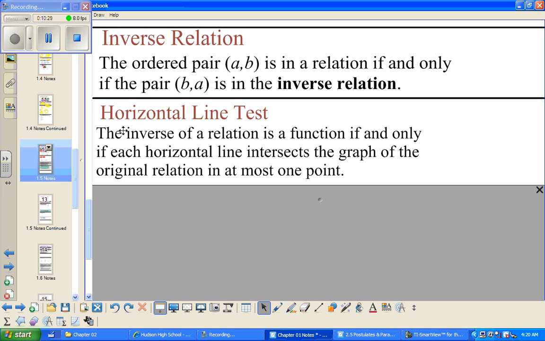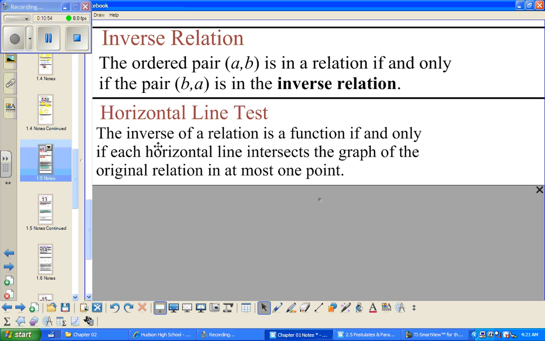So we now have what's called a horizontal line test. Remember, we had the vertical line test, and that was used to determine if something was a function. A horizontal line test: the inverse of a relation is a function if and only if each horizontal line intersects the graph of the original relation in at most one point.